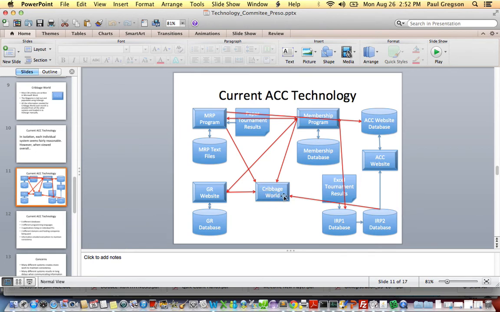The internet standings need to be communicated to Cribbage World as well. So Cribbage World is getting all the information from all these different systems. And then the membership program also needs to communicate with all the different systems, the MRP, GRP, and IRP systems, so that when membership status changes, new members come in, new ACC numbers are issued, membership expires, etc., all that information has to be communicated manually to each of the different systems.